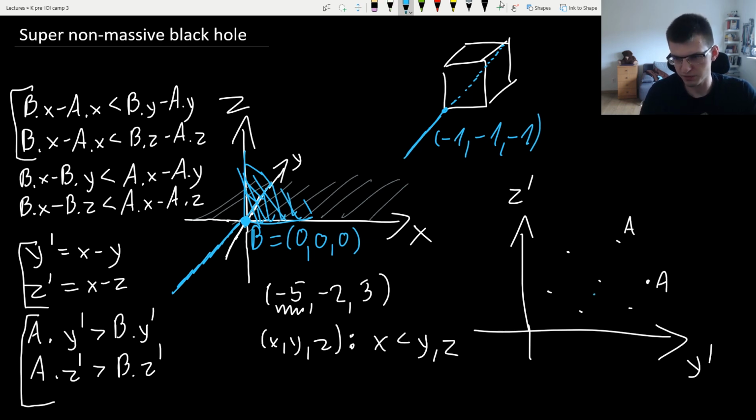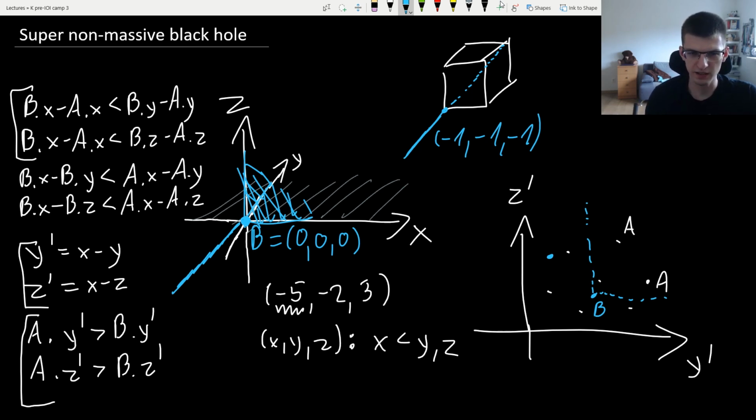I have some points B. Remember, this drawing isn't even similar to the previous one. We just compute new coordinates. Then, because I want y prime and z prime to be bigger than that of B, for every B I want among those points the best one.